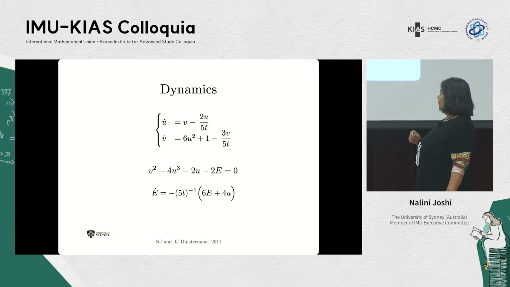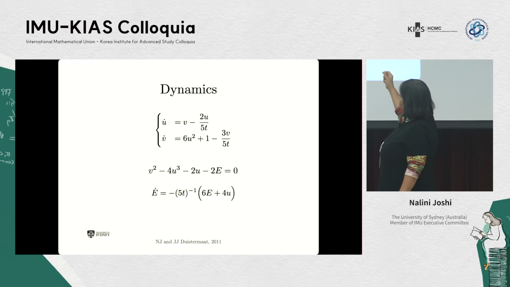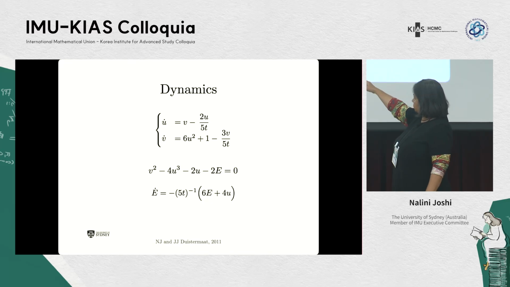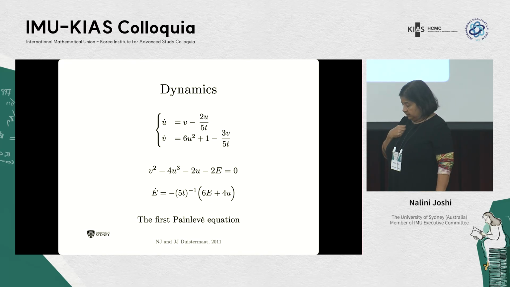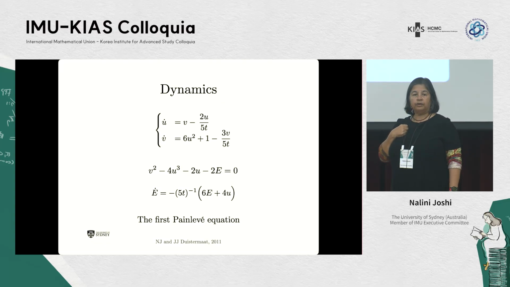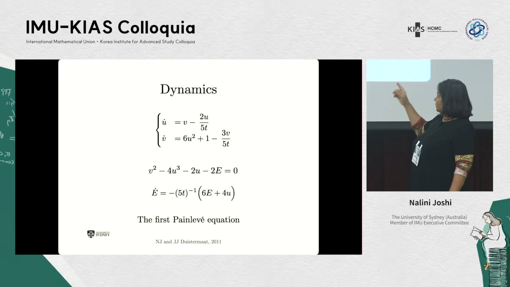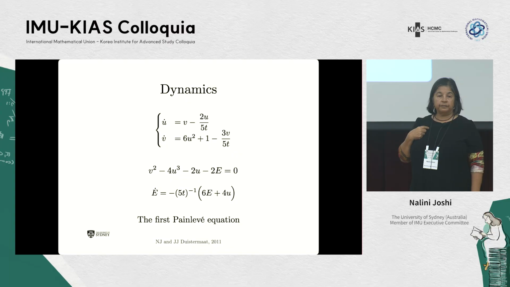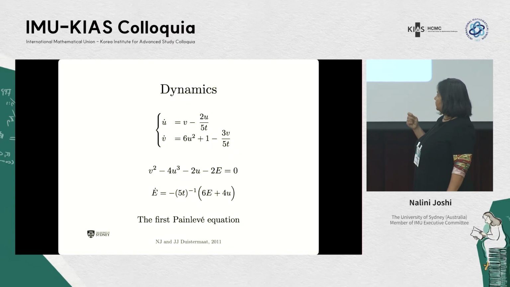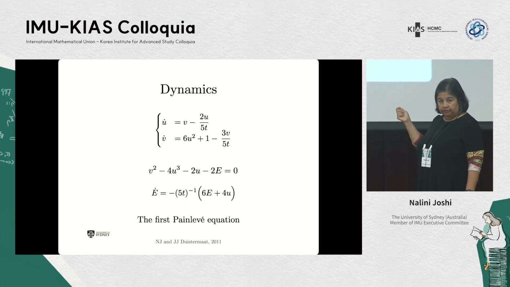And so what we see here is 2 things. One is that in the limit t goes to infinity, the solutions of this system approach elliptic functions. Secondly, it shows us something is different about the geometry.